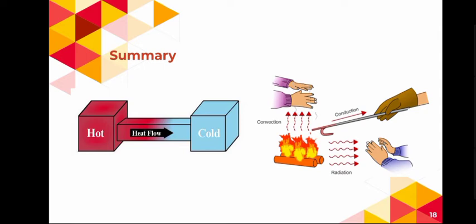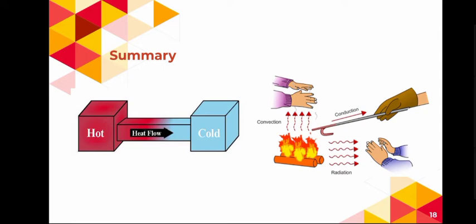Then the last is radiation. Both conduction and convection require matter to transfer heat. Radiation is a method of heat transfer that does not rely upon any contact between the heat source and the heated object. For example, we feel heat from the sun even though we are not touching it.